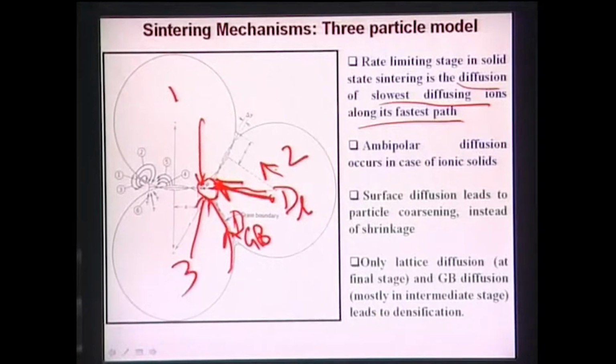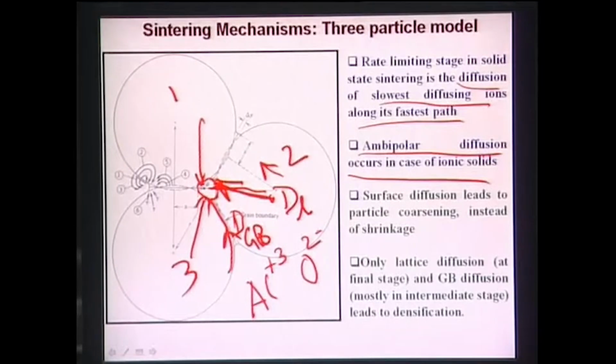The second one: ambipolar diffusion occurs in the case of ionic solids. Ambipolar diffusion means, let us think of alumina. Alumina has Al3+ ions and oxygen ions. So when we are discussing the sintering of alumina, you have to find out how these aluminium cations will diffuse and how the oxygen anions will diffuse.